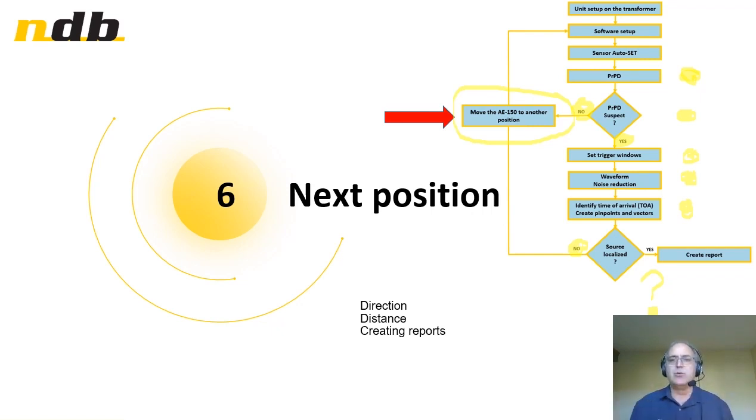We go to the first side, we make a PRPD, there's nothing suspect, we move to another position, we enter the other position of AE, we take another PRPD, nothing, then we move to the right, the back, the left, and we take PRPDs all over, and the result will be, I'm done. There is no suspicious activity in this transformer.